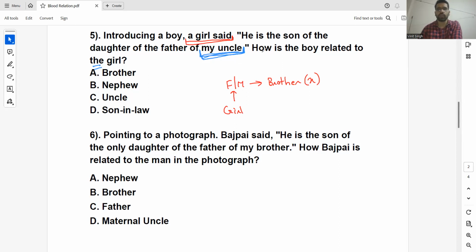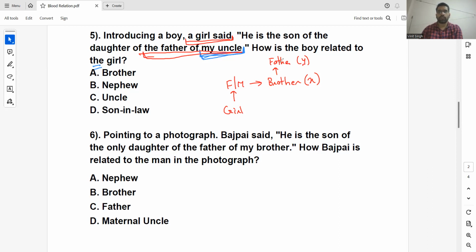Clear? He is the son of the daughter of the father of my uncle. Father of my uncle means father of that brother. We will take it Y. He is the son of the daughter of the father of my uncle.